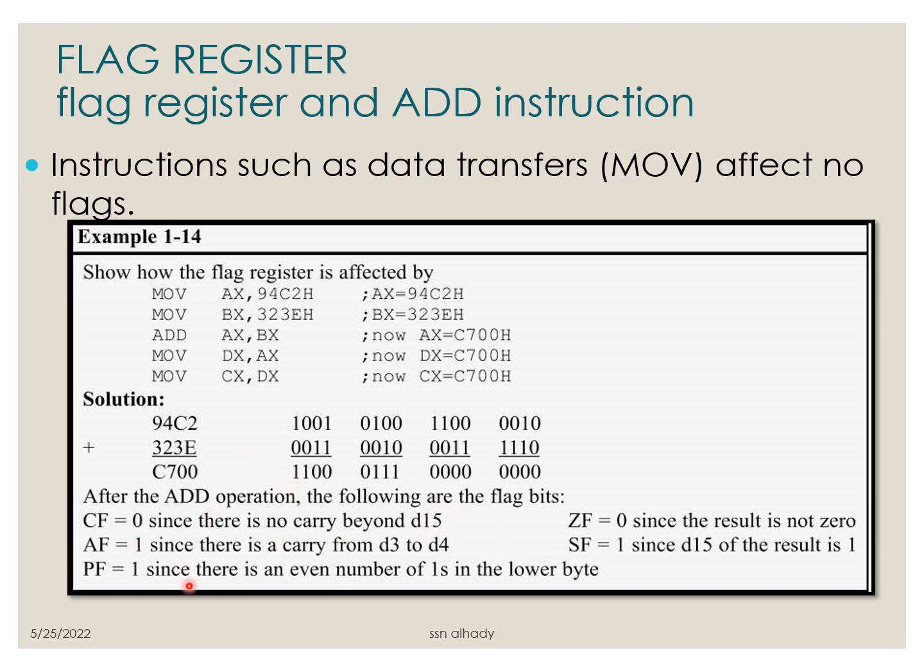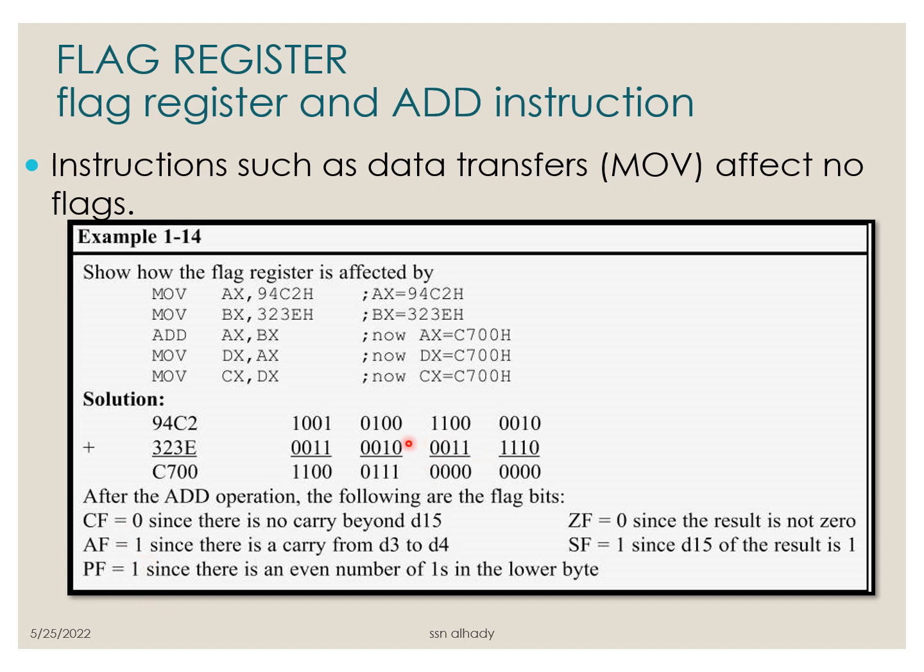For the auxiliary flag, we look at D3 and D4: 1, 1, so it will be set.